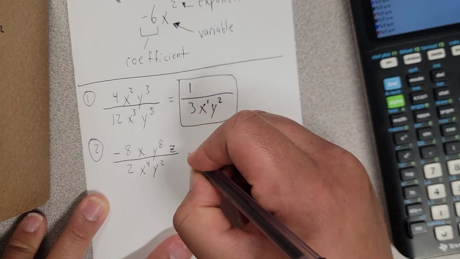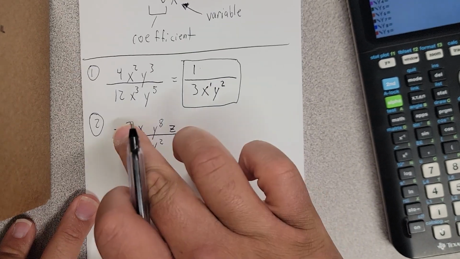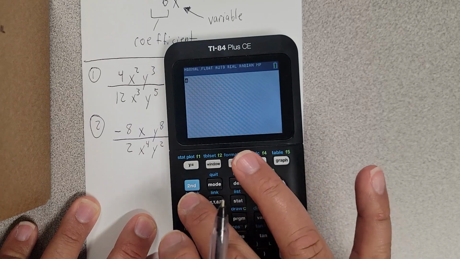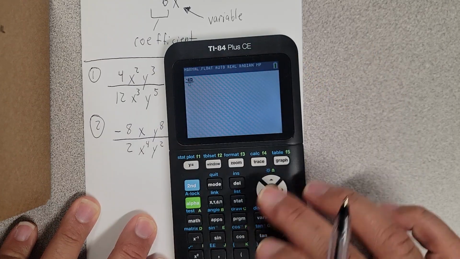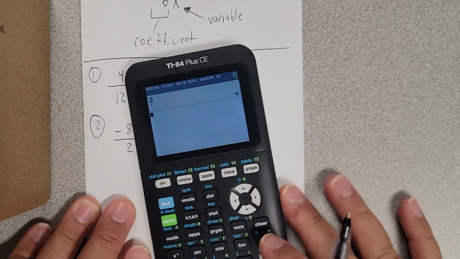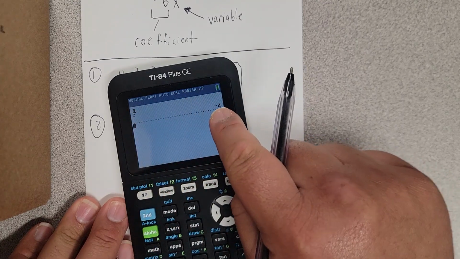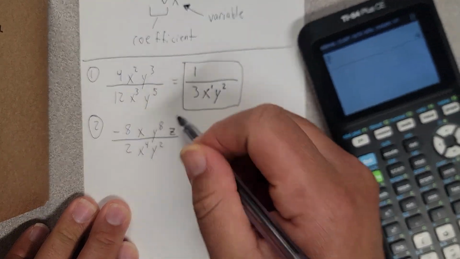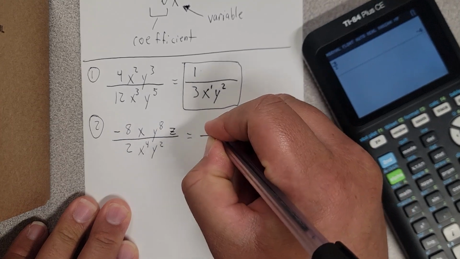First thing you want to do is the coefficients. I want to put negative 8 on the top, and 2 on the bottom, and what happens? Right here I get a negative 4. When you get a negative whole number, the negative goes on the top of the fraction. So I'm going to put negative 4 right here.